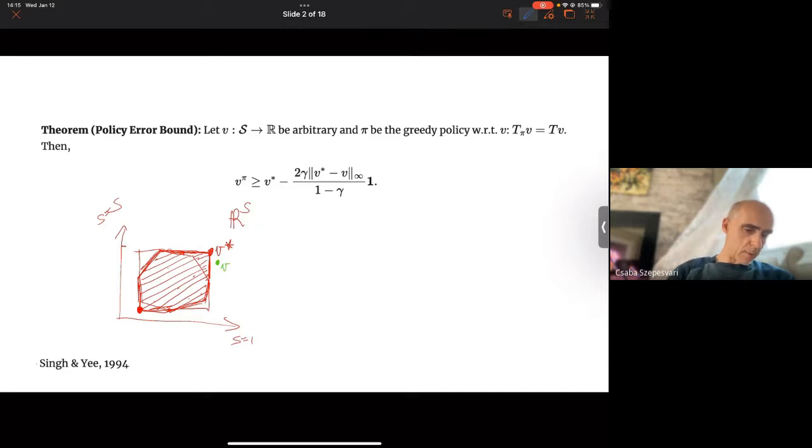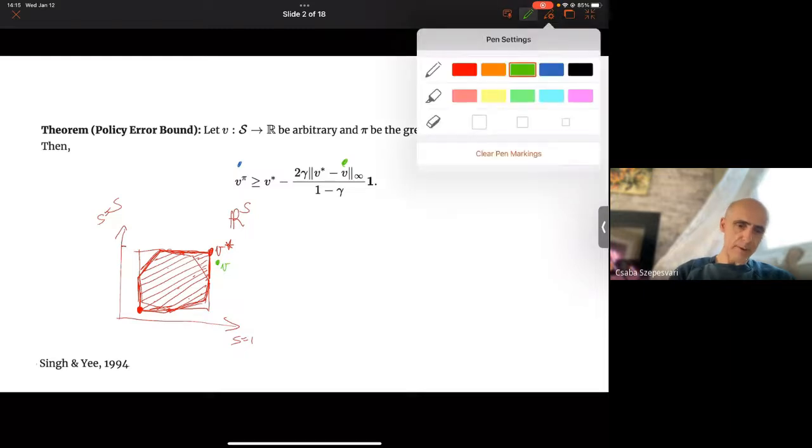And we get a value function for that. So this value function is going to be, I don't know, blue. And this v was the green guy. So this value function cannot be too far.